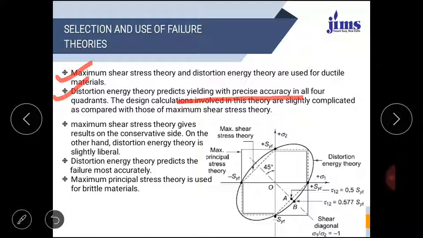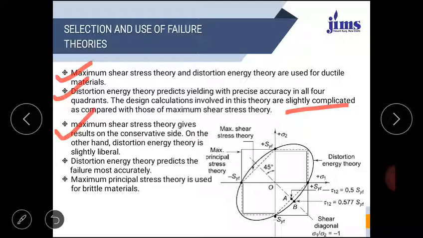The design calculation involved in this theory is slightly complicated compared to that of the maximum shear stress theory, but it predicts better, so that should be taken care of.